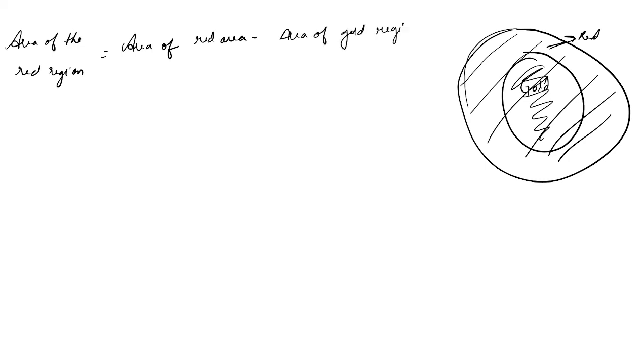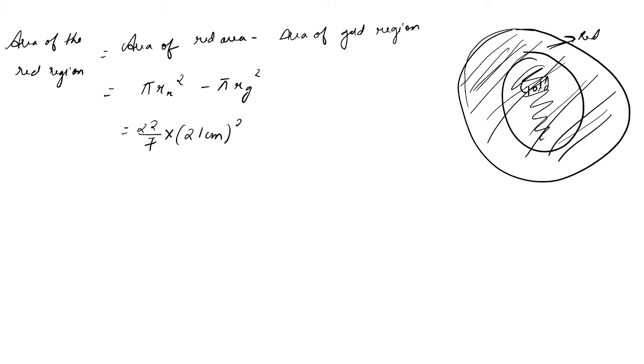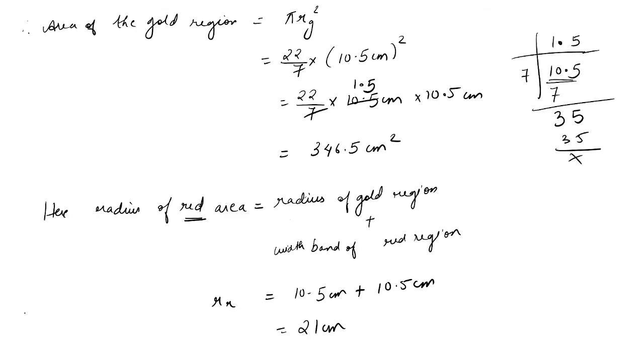Clear? Red area means I'm just considering this entire circle. So this will become pi r square minus pi r g square. So this will be 22 by 7 into 21 centimeter, the whole thing square, minus the area of the gold region. We have already found it out, so you don't have to find it again.